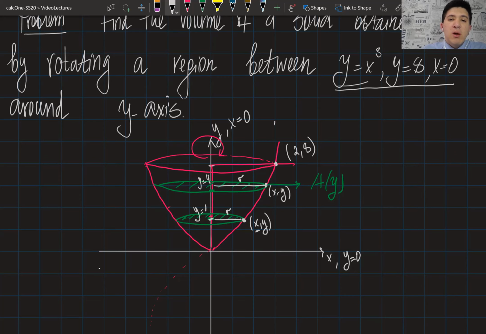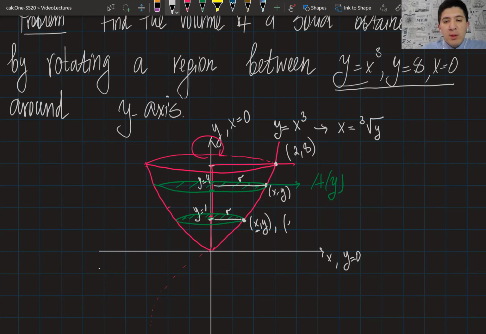The equation of this curve is y is equal to x cubed. So we have to find x from here. If you find x, it is going to be the cubic root of y. So basically, if y is equal to 1, then x is also equal to 1. So the coordinates of this point are 1 and 1.